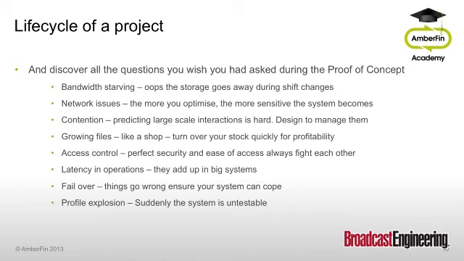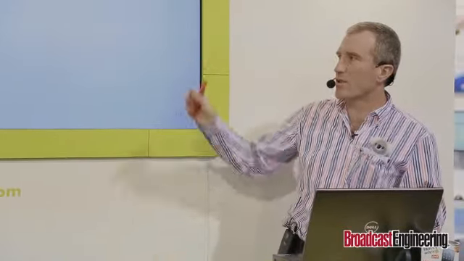Issues to do with what happens when you're trying to operate on a file that's growing. What happens when the IT guy doesn't agree with your idea of what the access control and permission should be for the various devices and files? How do you cope with latency when you really want things to happen instantaneously but you can't engineer that? How do you fail over if one of your servers goes down? How do you ensure you still have enough capacity for your system to actually work?